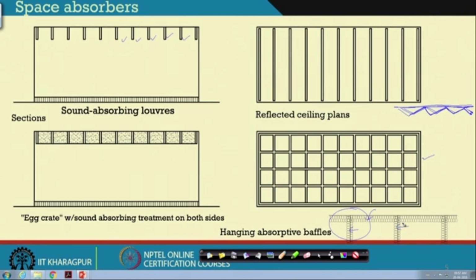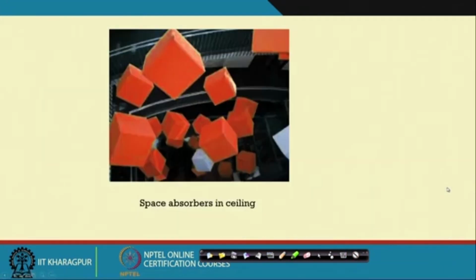So, these all come under space absorbers. Here is a picture where you can see space absorbers, which were shown in the previous slide. You see some space absorbers being hung from the ceiling.